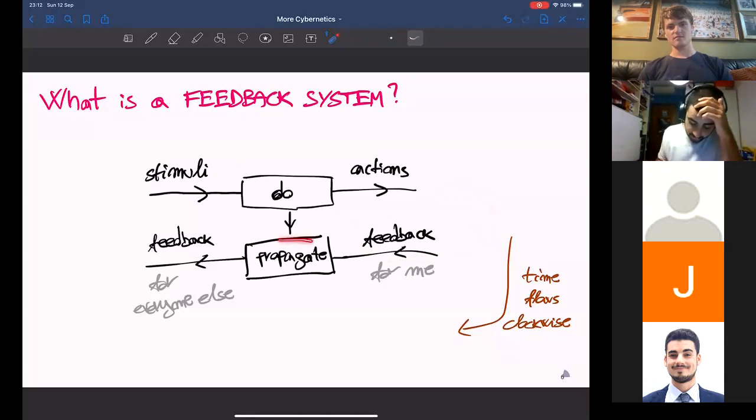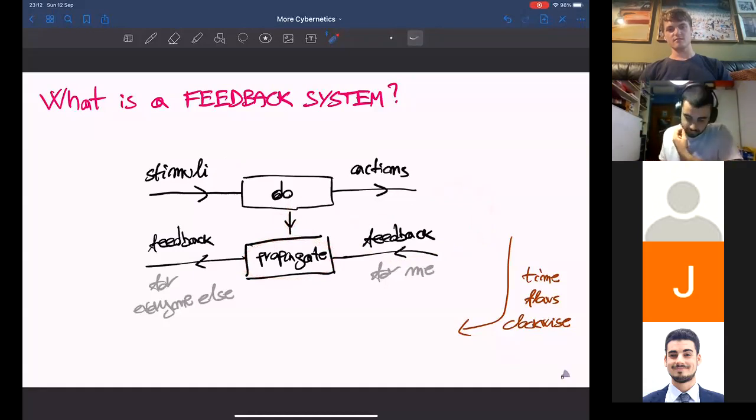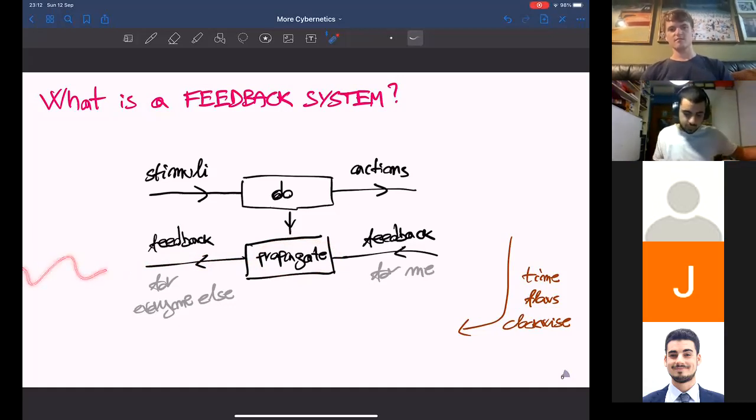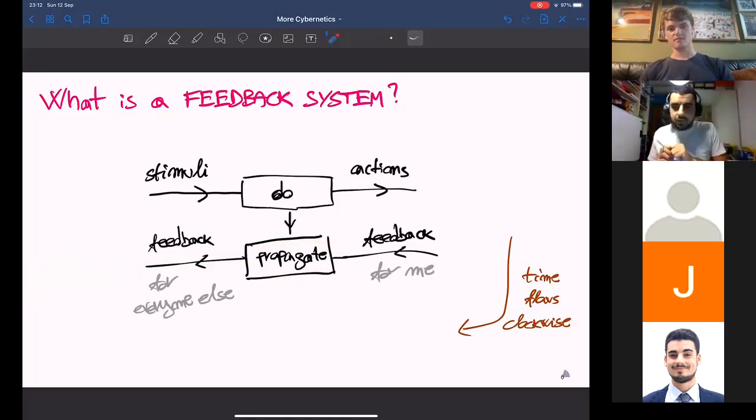And so what happens is I read the feedback and compare it with what I did, so I can know what the feedback was about. And then I also propagate the feedback. This propagate function is doing two things. It's telling me how good I was, but also telling the rest of the environment, whatever is going on downstream here, how good they were. Or at least I take out my part of the feedback and return the rest to the rest of the system unaltered.